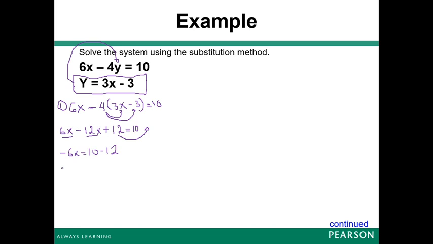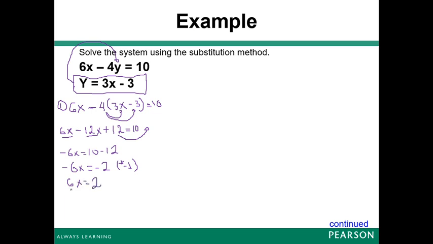Now minus 6x is equal to 10 minus 12, minus 2. Now I'm going to multiply the whole equation by minus 1 to change the signs. So we have here 6x is equal to positive 2.